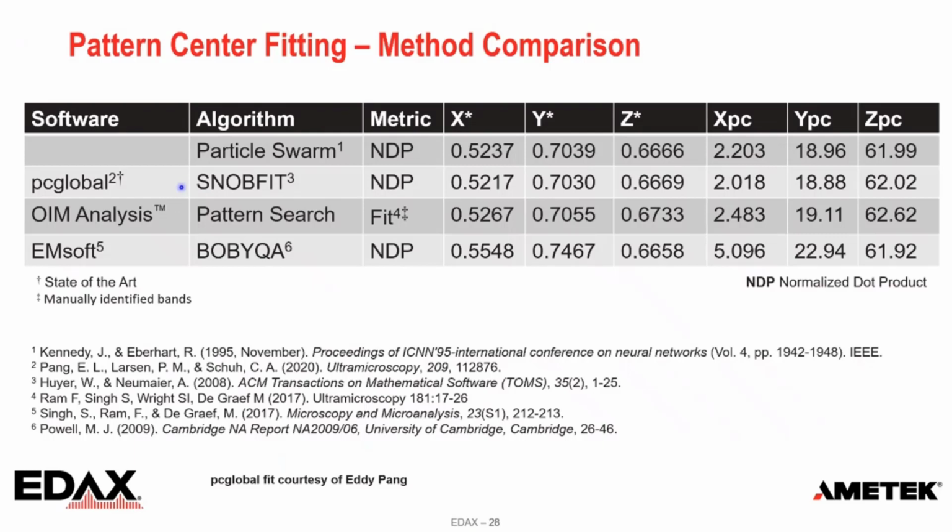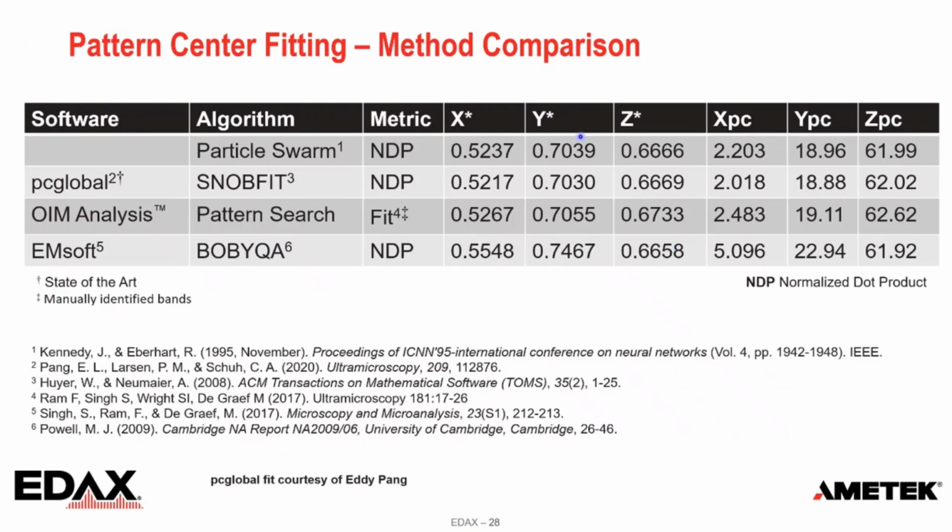And just to compare with some other methods: BOBYQA, which I showed before, the Hough-based approach, for which I used manually drawn bands, and this snob fit, which is the approach from Eddie Peng.